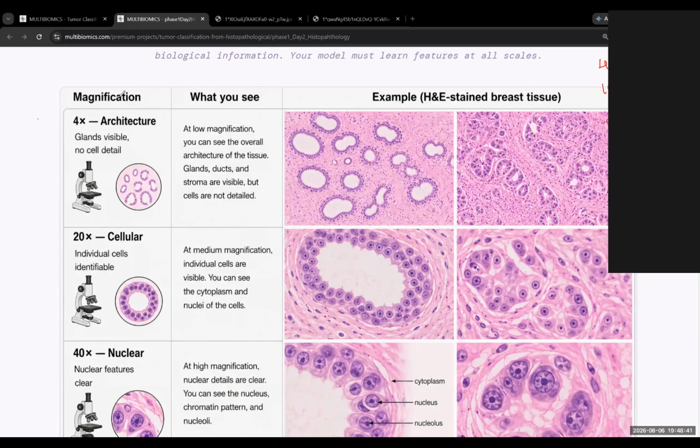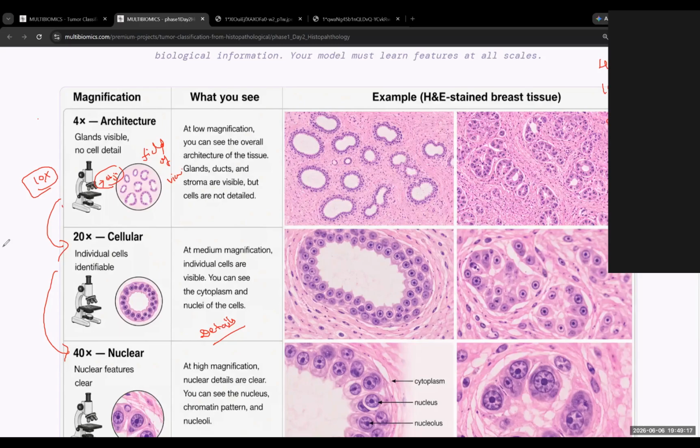Whenever you set a slide in a normal compound microscope, you usually have a 5x or 10x first objective lens. First, at a lower magnification, you set the field of view. After the field of view is set, you slowly increase the magnification to look into the details. Am I right?